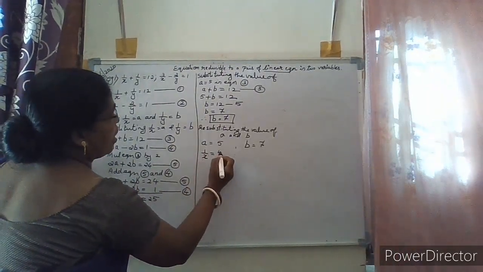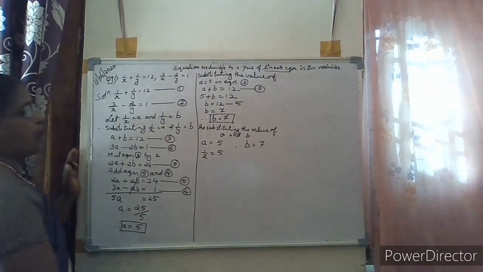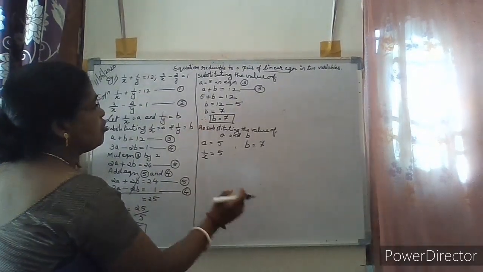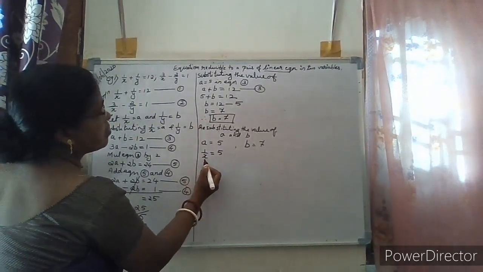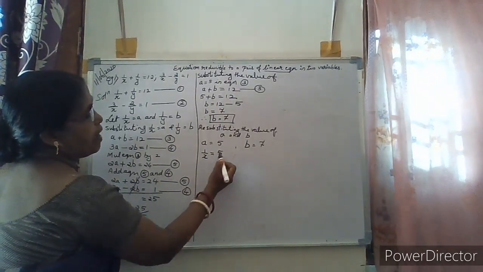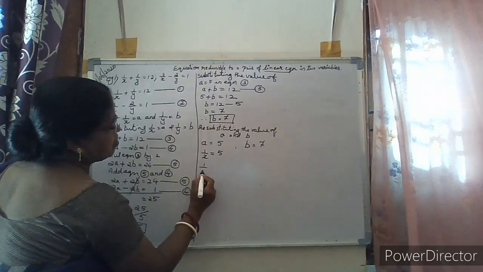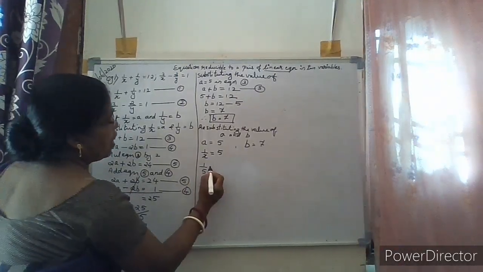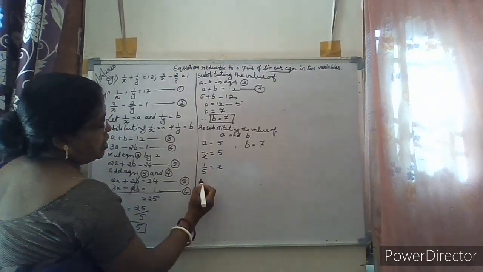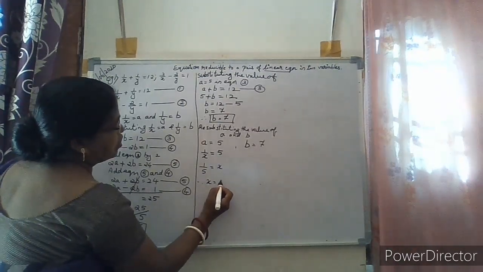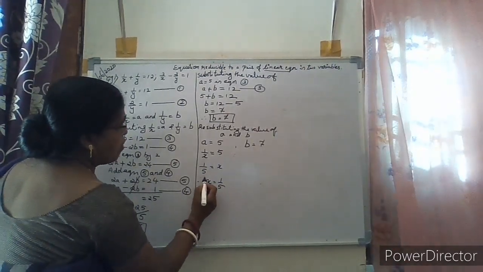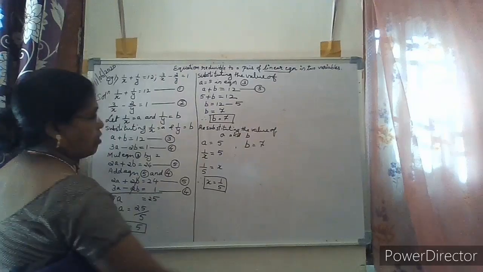That means 1 by x is equal to 5. Now I want to get the value of x. So take this x by cross multiplication. 1 by 5 you bring this side. It becomes 1 by 5 is equal to x. That means therefore x is equal to 1 by 5. We have got the value of x.